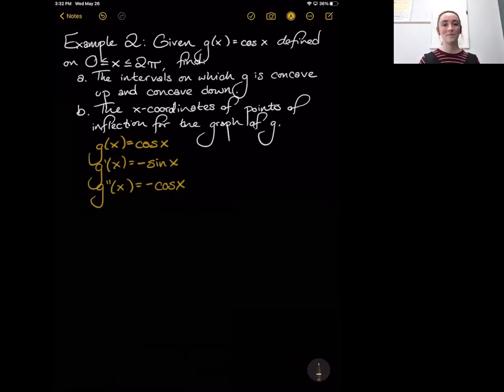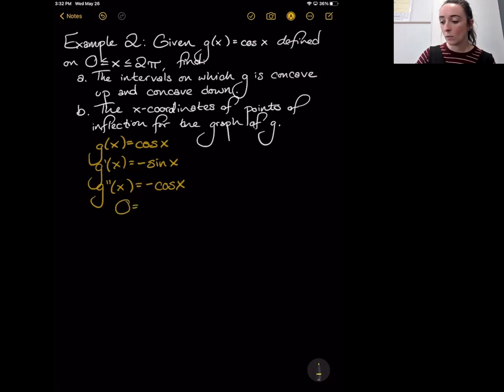Okay, now we want to know the significant points on this second derivative function. So we're going to see where g double prime, the second derivative of g, is equal to 0. Where is negative cosine of x equal to 0?